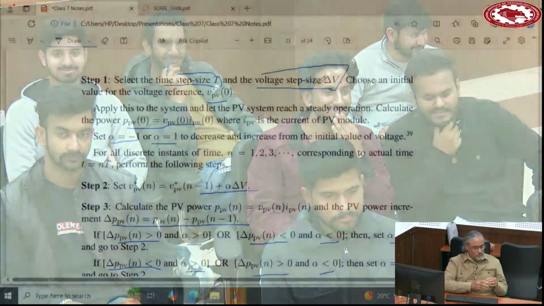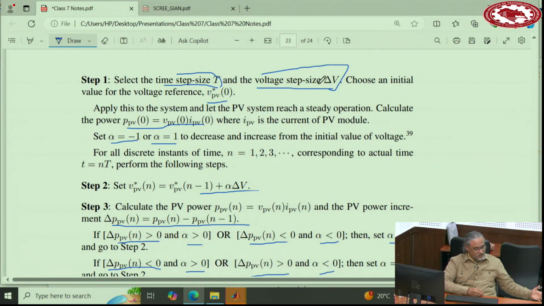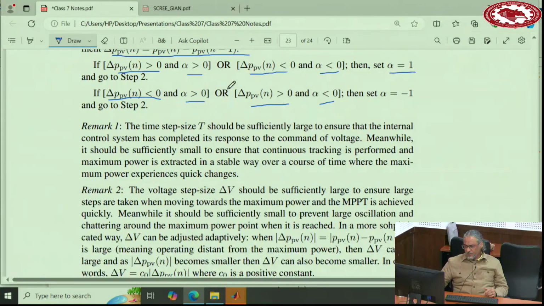You don't want to take big steps or too small. If you take big steps, you may go over the maximum point. Then you have to come back and then you start oscillating. If it's just too small, it takes long time to get there. But these are easy ways to find them. You can find them easily, no problem.